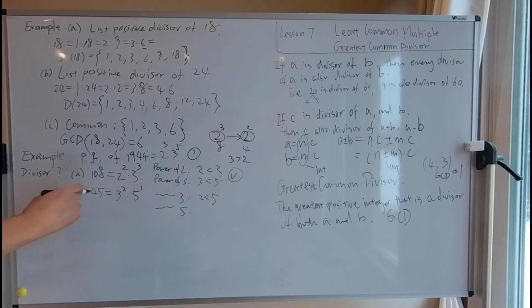So this means the number 45 cannot be a factor, or cannot be a divisor, of this number, right? Because it contains a factor that you don't have. Then it doesn't matter how you divide, this factor of 5 cannot be canceled out, or it is not contained in your original prime factorization.